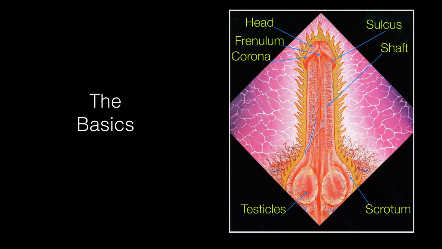In fact, you might even call the frenulum the entire midline from the head all the way down to the base. But most people refer to the frenulum as that place right there at the space that joins the head to the shaft. You can see that the shaft is located there in the middle, and the shaft is the thing that most of us put our hands around, and then you have the testicles, which are located inside the scrotum.